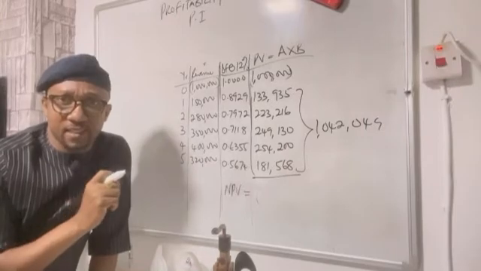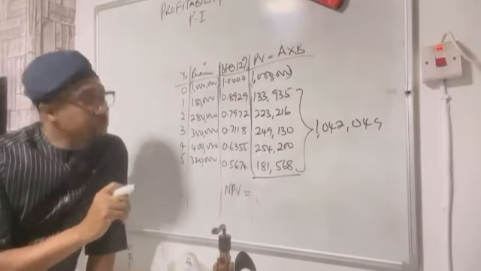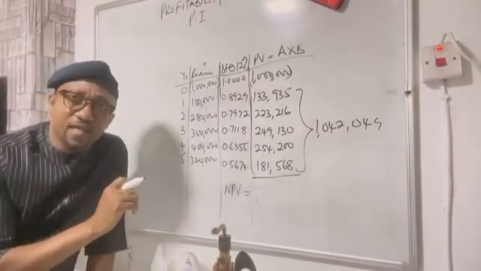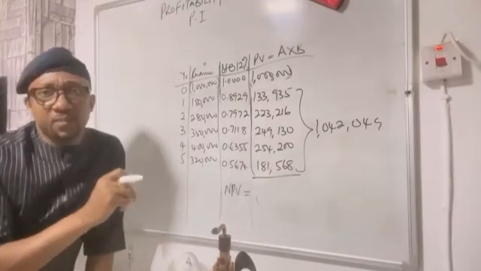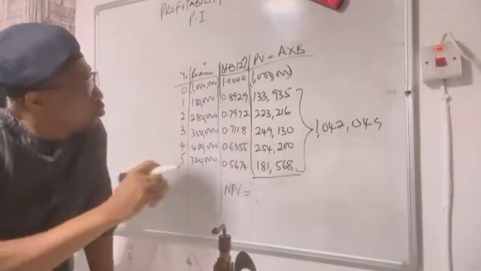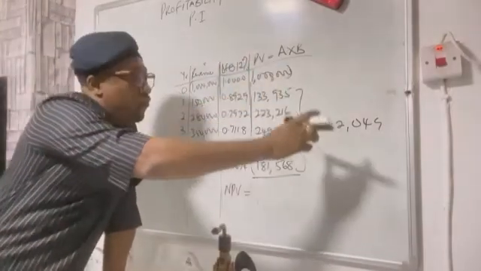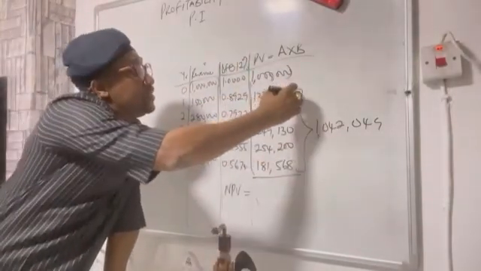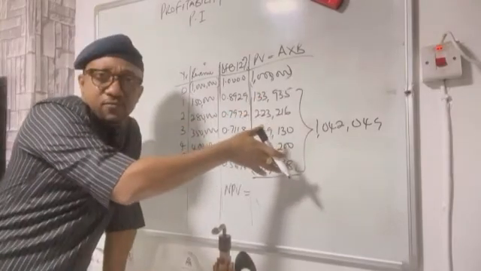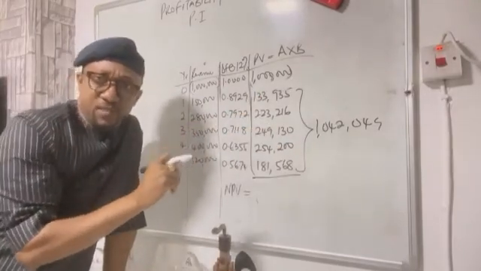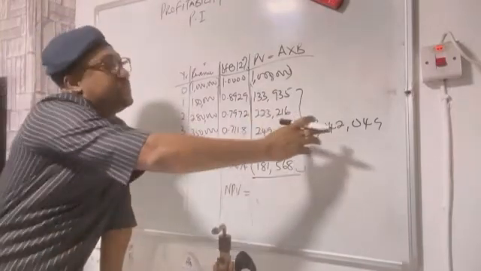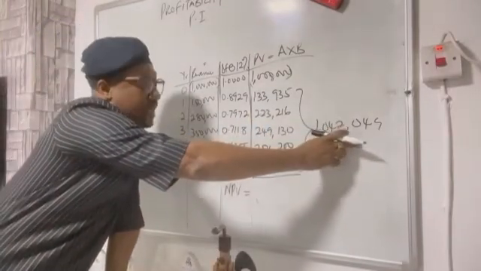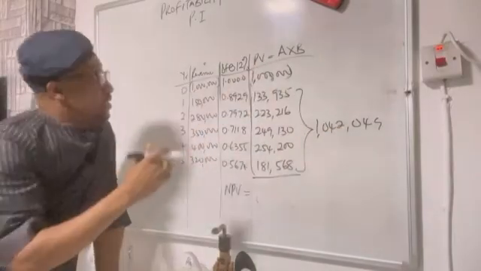way as the net present value, but the difference between the profitability index and the net present value is that at the end, unlike the net present value that wants you to subtract the initial cost from the sum of the discounted cash flow, in profitability index, instead of subtracting, you divide the sum of the discounted cash flow by the initial outlay.